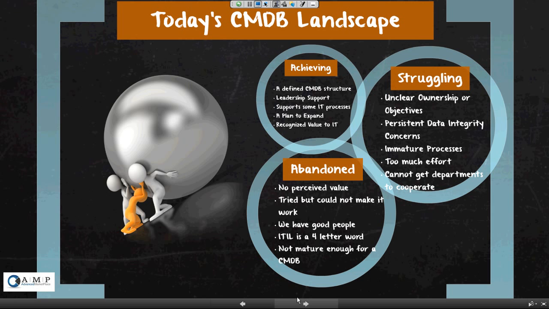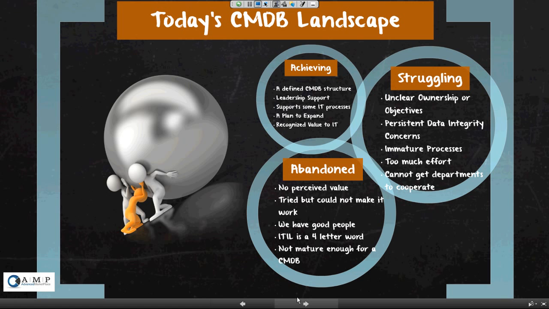And it's not by accident that you see the two bigger circles, struggling and abandoned. We have a lot of customers and clients and people that we talk to in the industry, particularly in this struggling category. And you hear a lot of the same themes when you start talking to folks about CMDB.